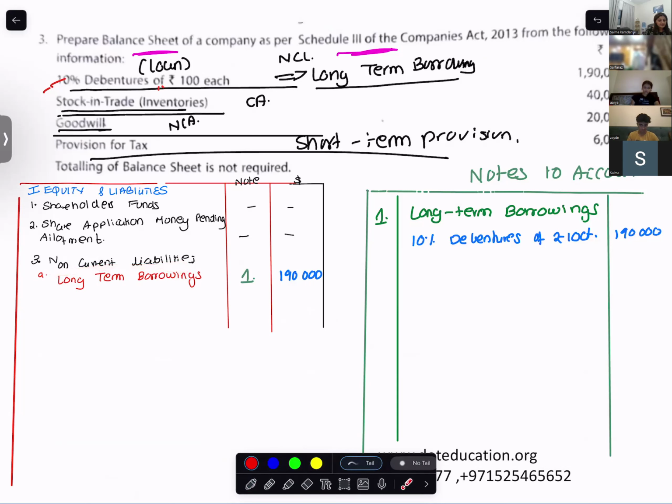What are the subheads in non-current liabilities? Long-term borrowings. What else?